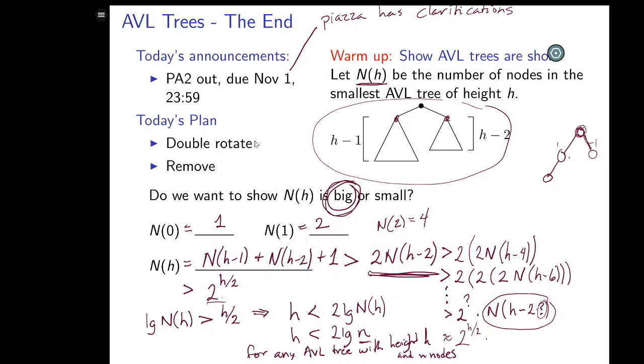And I knew, actually, I didn't have to go through this intermediate step because I knew what was going to happen. But I went through the intermediate step of saying, well, one approximation is that n of h minus 1 and n of h minus 2 are going to be close. So I'll just replace n of h minus 1 by n of h minus 2. And then I had this extra 1 sitting around, and then I got this series, which was 1 plus 2 plus 4 plus 8 plus 16.